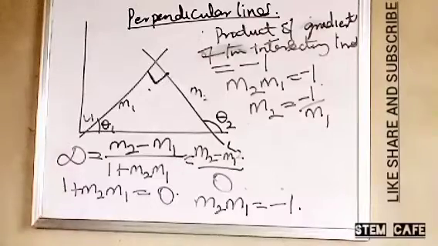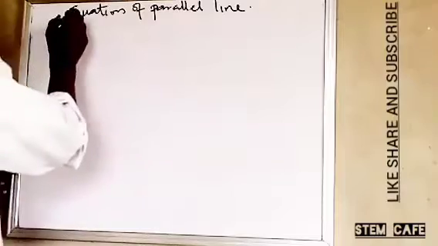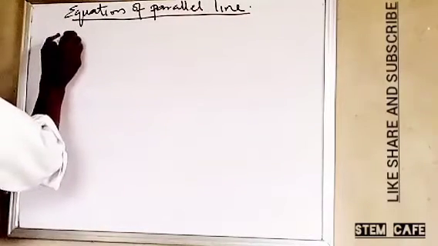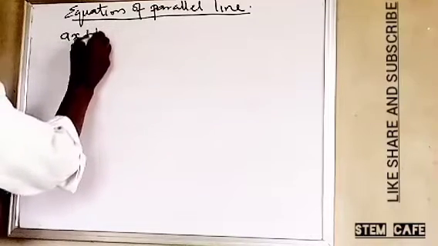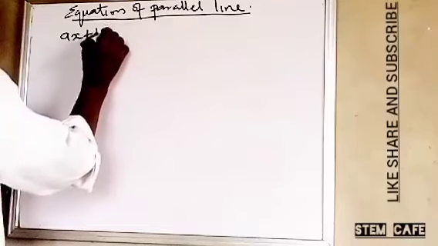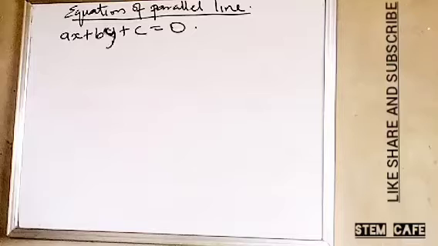So when we are talking about normal, now let's see, if we have an equation ax + by + c equal to 0, or any form.